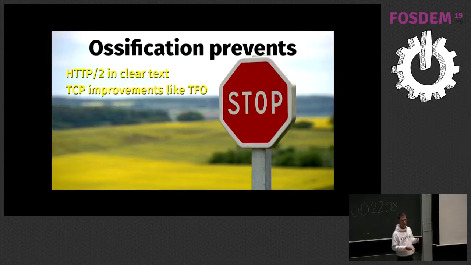It takes a long time. TFO was standardized many years ago. I think it took about 5 to 7 years until servers actually started to support it. And Windows 10 is the first Windows version that actually supported it. So it takes a long time until it happens, and then in the end, we couldn't really use it. Annoying.